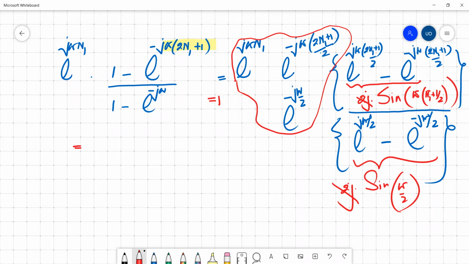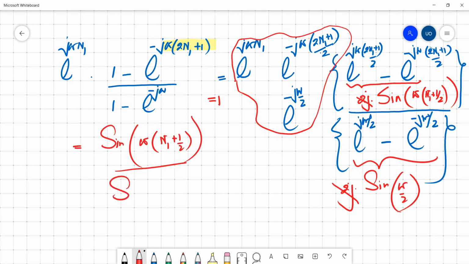So this basically converts to e to the power j0. So then we have sine omega (n1 plus half) divided by sine omega over 2. So this is the final answer.